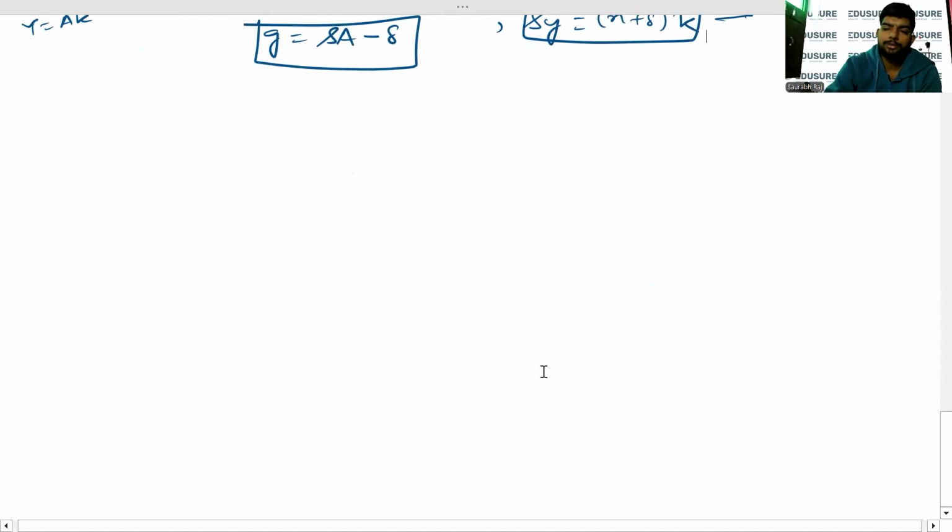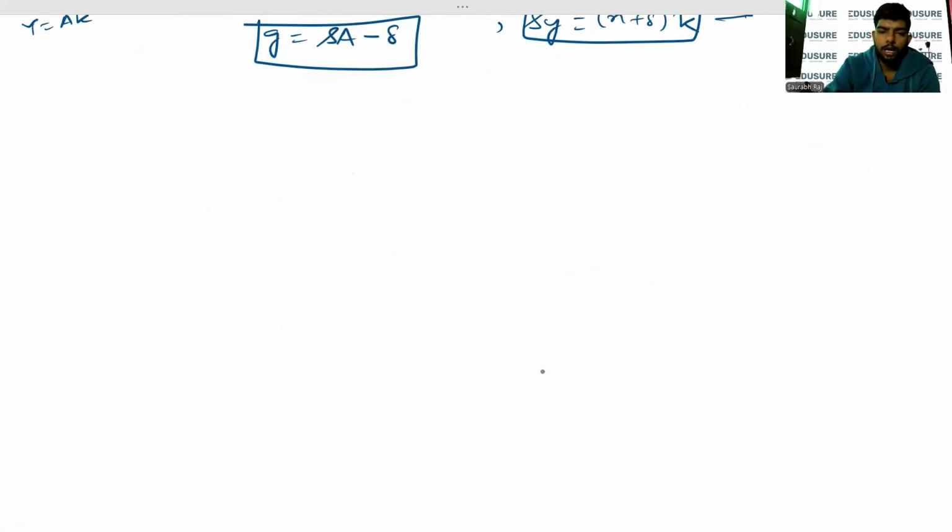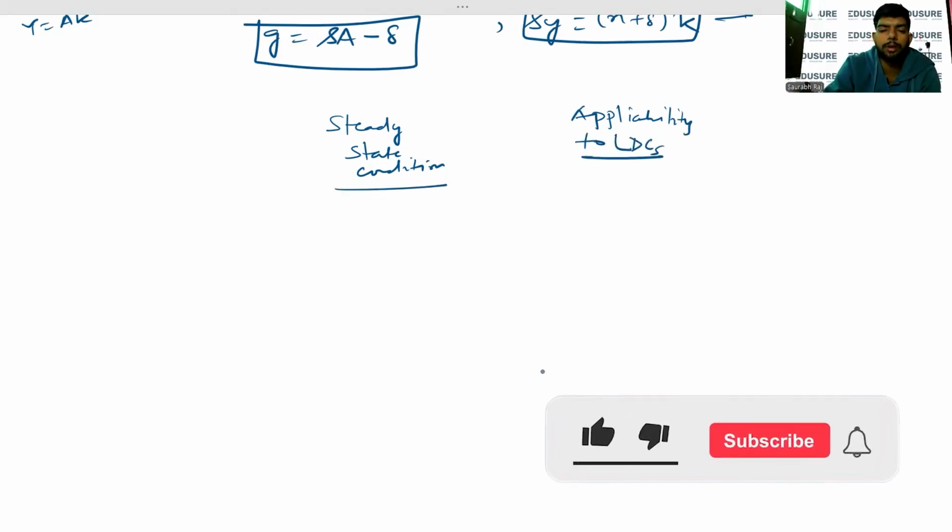So this completes all the growth theories. And after completing all these things, I just want to give you the summarized picture: what things you have to focus on in the growth model. First is the steady state growth rate condition. Second, applicability to LDCs. And this was also for the development theory. And here you have to make a table.